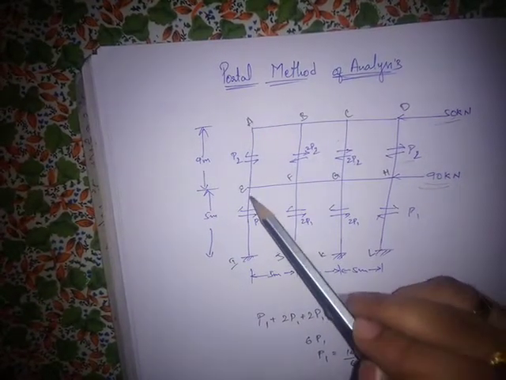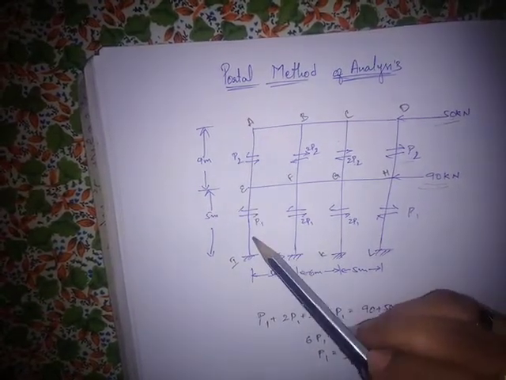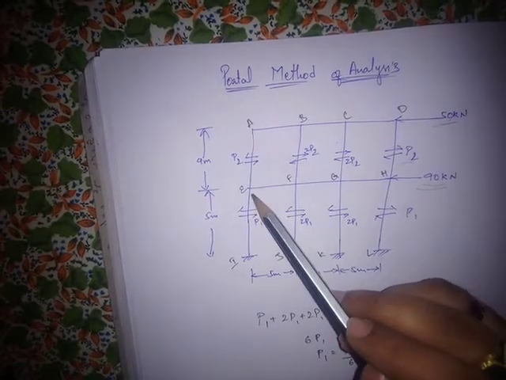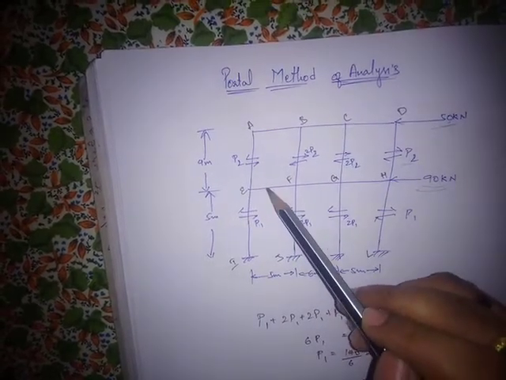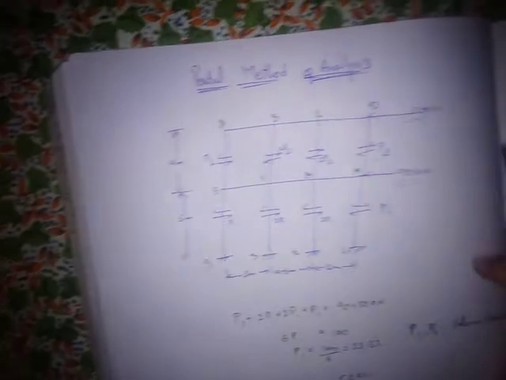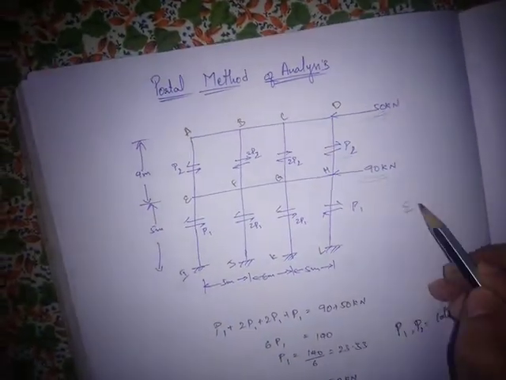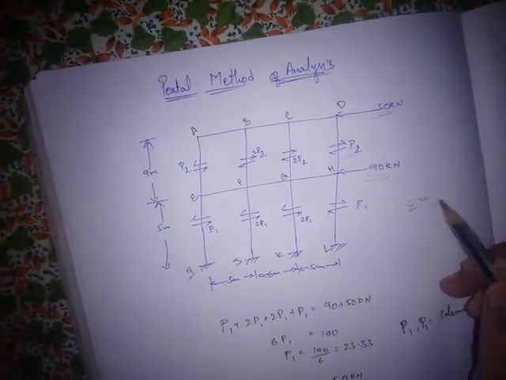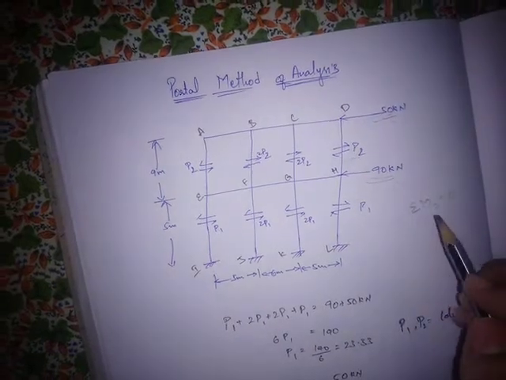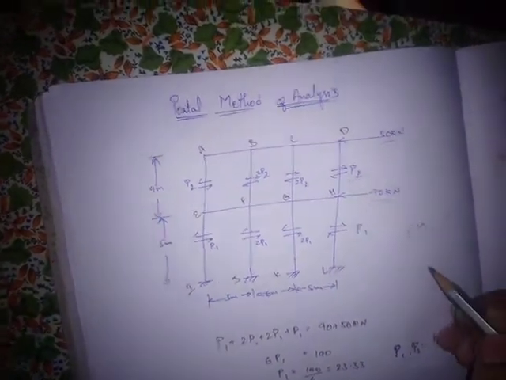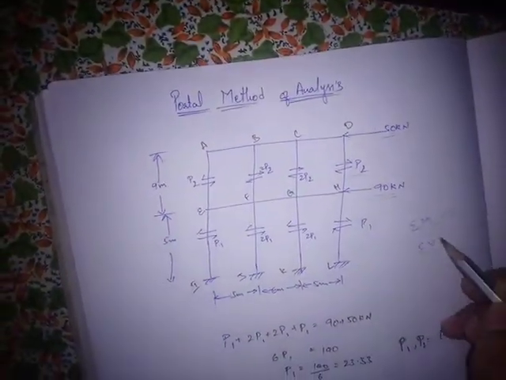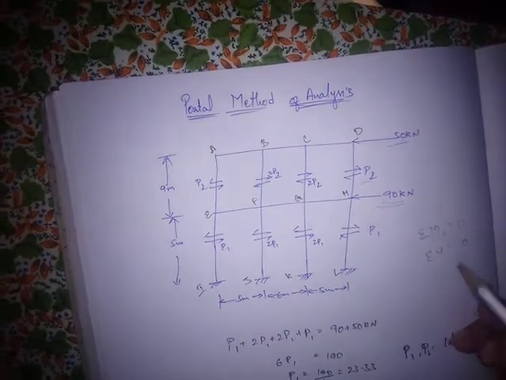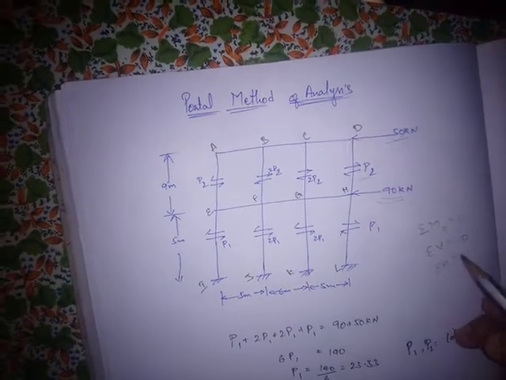The moments developed in the columns are balanced by the beams with respect to the joint condition, that is, the equilibrium condition: the sum of moments about any point is equal to 0, the sum of vertical forces is equal to 0, and the sum of horizontal forces is equal to 0.